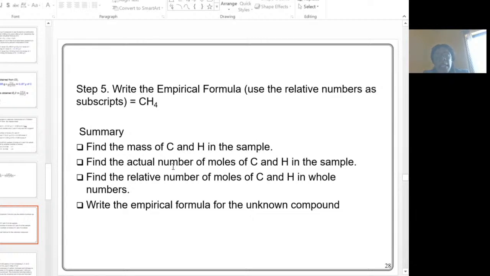Step 2 is to find the actual number of moles of carbon and hydrogen in the sample, meaning you convert the mass determined to moles. Step 3 is to find the relative number of moles of carbon and hydrogen, by dividing by the smaller number of moles. Then you write the empirical formula for the known compound.